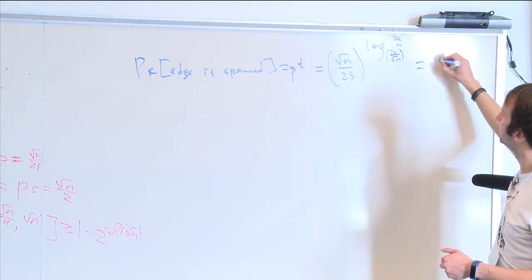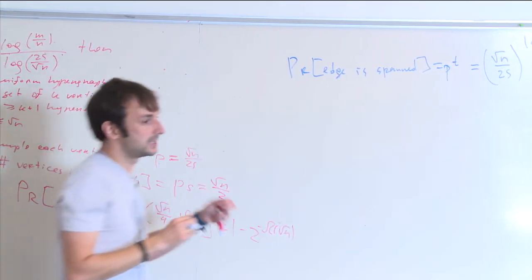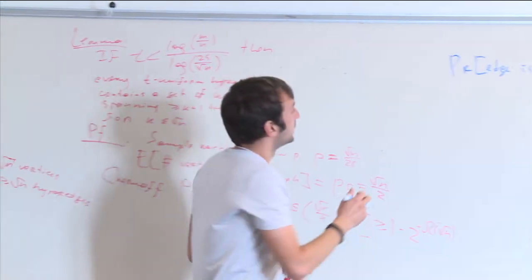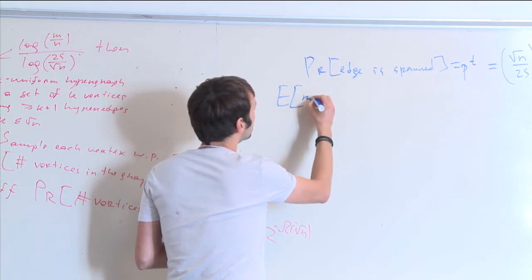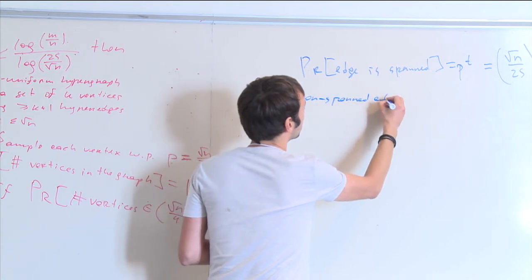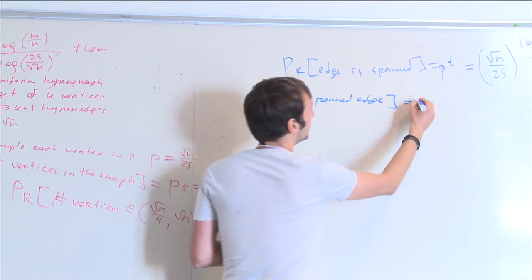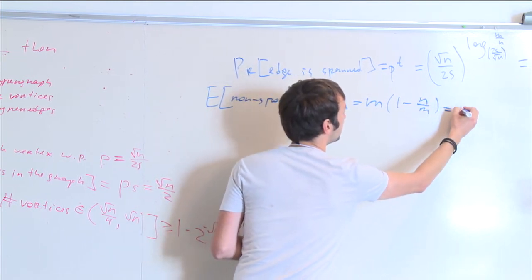So this is going to be n over m, right? That's the probability that one edge is spanned. So the expected number of non-spanned edges is then m times 1 minus n over m, which is m minus n.